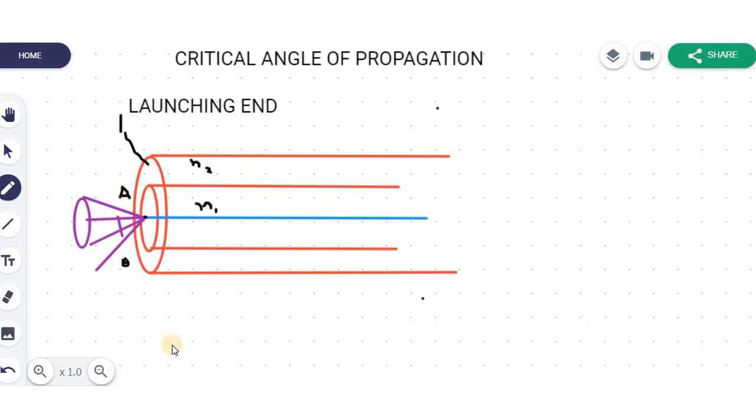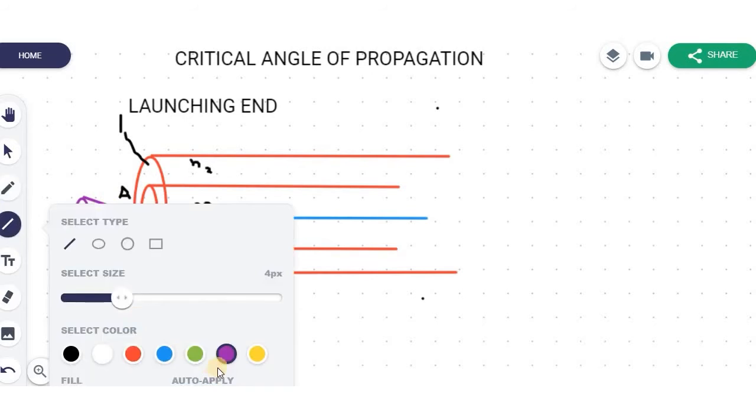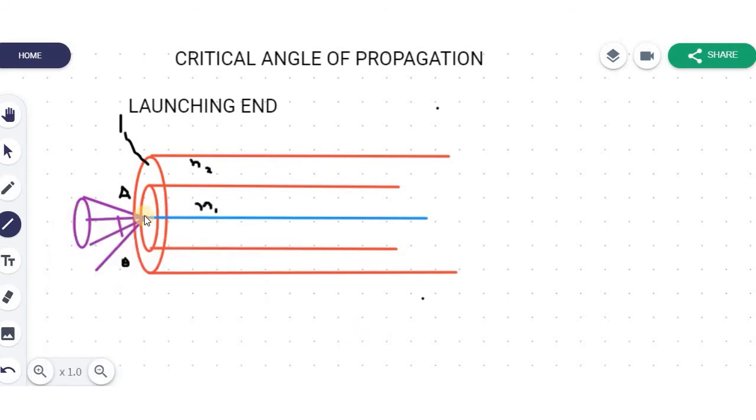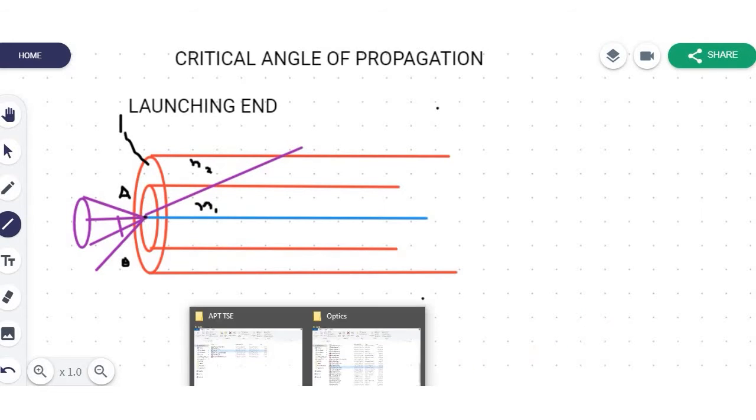A light ray which is traveling at an angle theta with the axis, once it enters the fiber, I'll choose the ray path to be violet. It goes straight away. It does not satisfy the condition of total internal reflection, and it gets scattered away from the fiber.